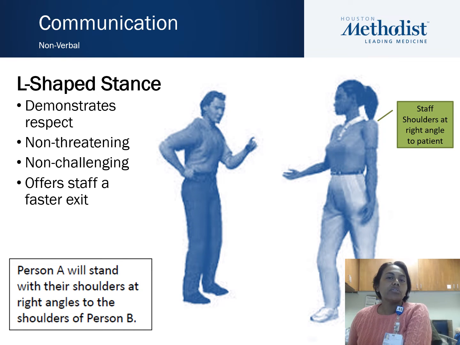The person on the right can approach the other individual, instead of being face to face with shoulders square to their shoulders, they can take a slightly angled stance to the other individual.